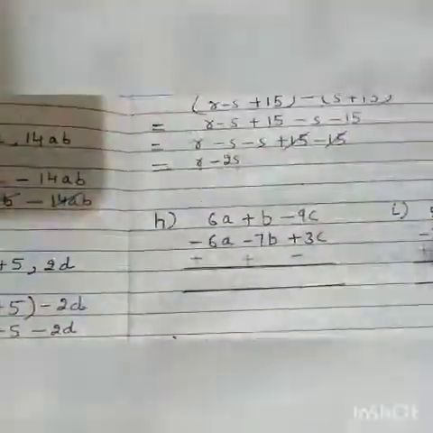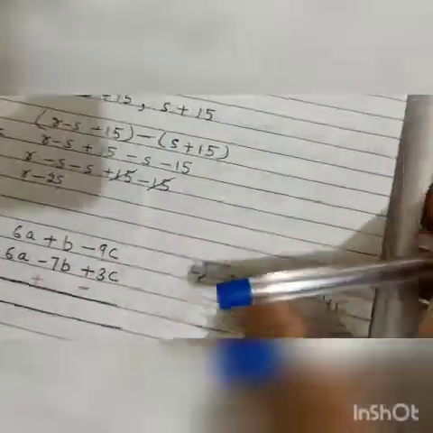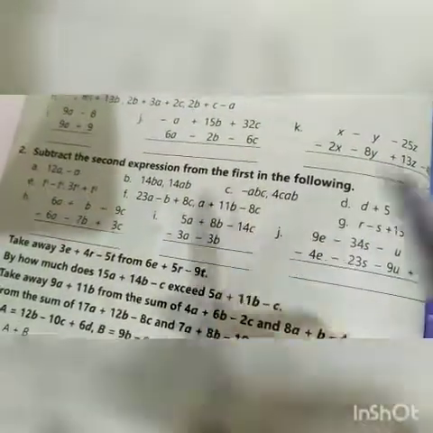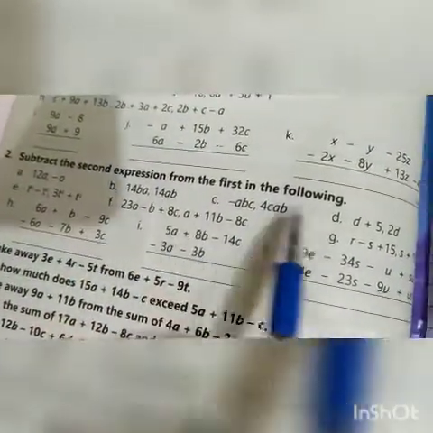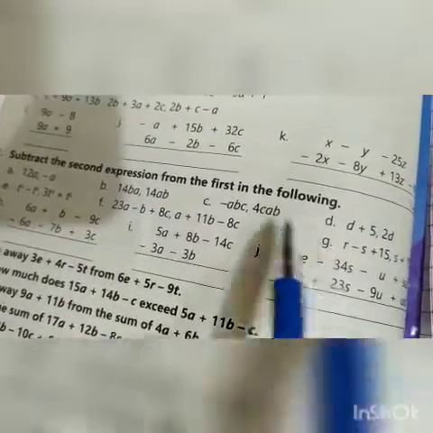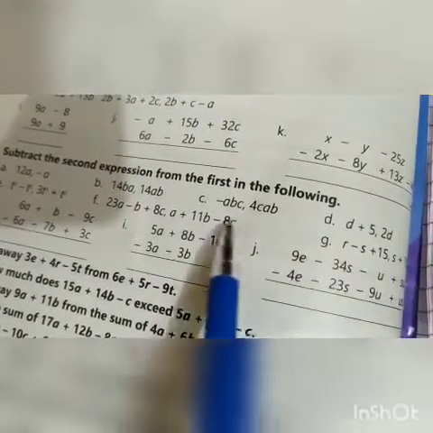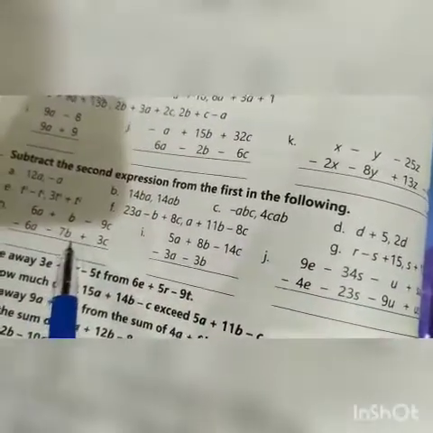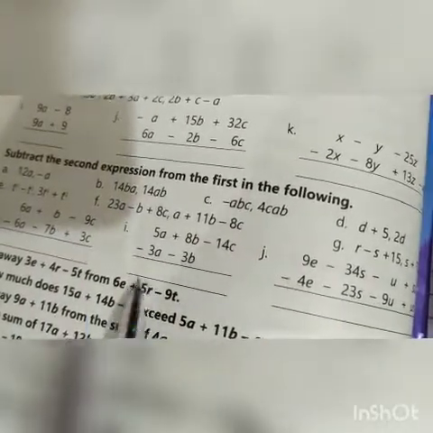Next H. In this second question, see in the book, in second question, A, B, C, D, E, F, G. These are written in the row method and these three sums are written in column method.